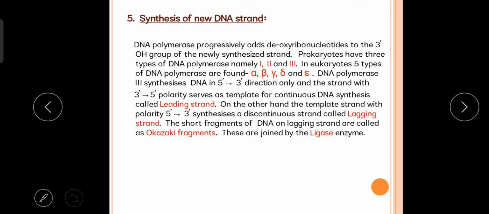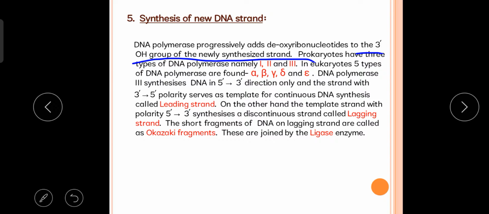Next, this is the synthesis of the new DNA strand. After the production of the RNA primer comes the synthesis of the new DNA strand. DNA polymerase progressively adds deoxyribonucleotides to the 3' hydroxyl group of the newly synthesized strand.